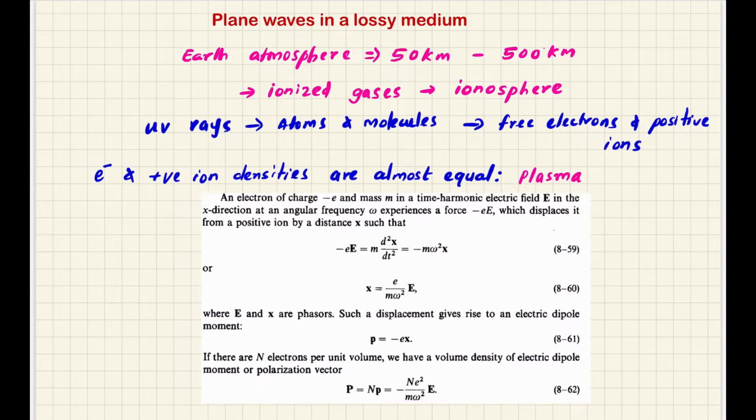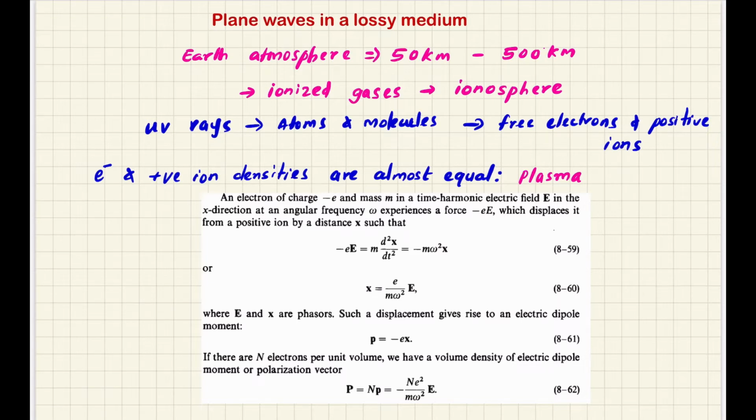And these are created when the UV rays enter into the atmosphere and they collide with the atoms and molecules in that particular region of the atmosphere. Okay.